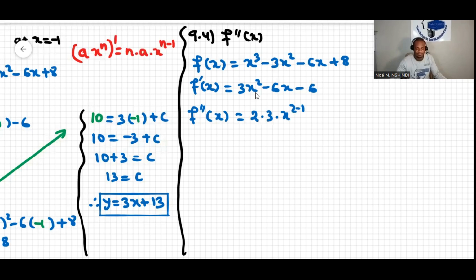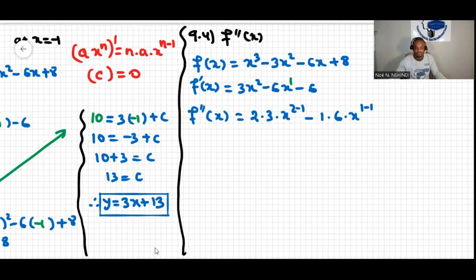Minus, where you don't see any exponent it's just 1, so this will be 1 times 6 times x to the power of 1 minus 1, and then the derivative of any constant is just 0.